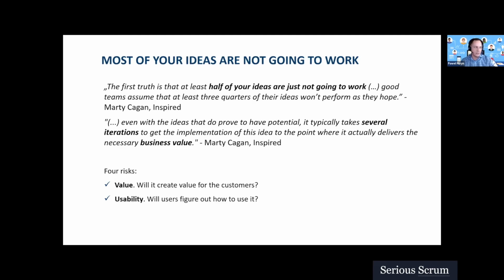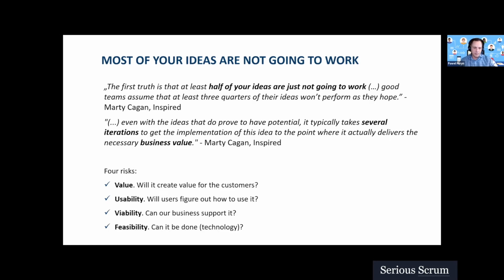The third type of risk is feasibility. So it means that maybe there are some technological constraints like algorithms, like performance, like external systems that we are going to integrate with, and maybe during the process we will find out that it is not possible to implement.